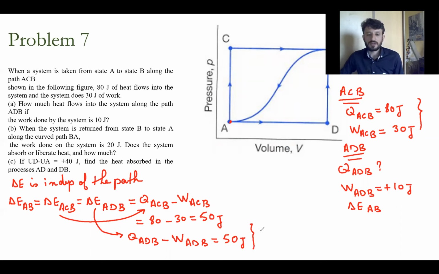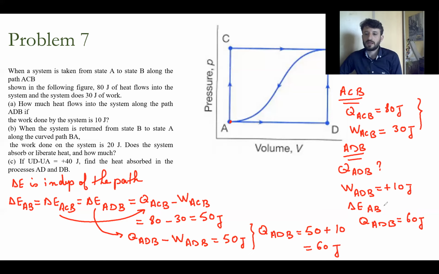So we can calculate Q ADB, which is equal to 50 plus W ADB equals 10. So we get 60 joule as the value of Q ADB. And delta E AB equals 50 joule.